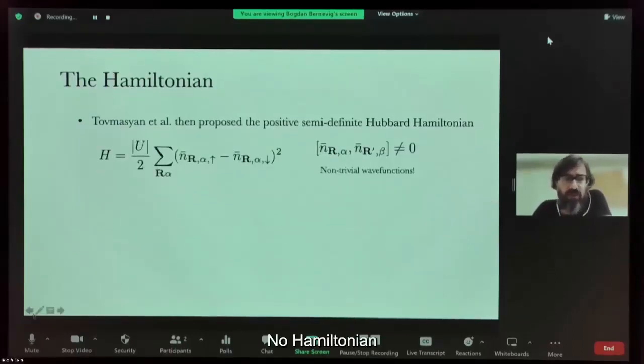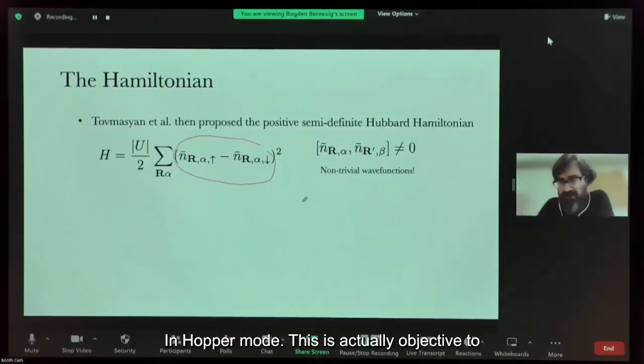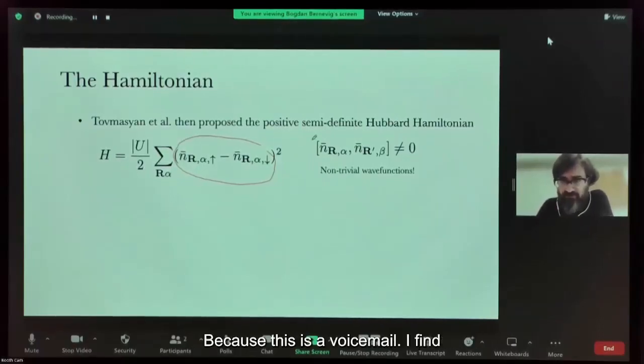Now, the Hamiltonian that we'll be using, as I said yesterday, is going to be a Hubbard model of a special type. You can see that this is actually the S_z, the z component of the spin, of the projected spin in the bands, as will come out in the next slide, squared. But because this is a positive semi-definite Hamiltonian, it means that if I find an energy zero state of this Hamiltonian, then that will be the ground state.